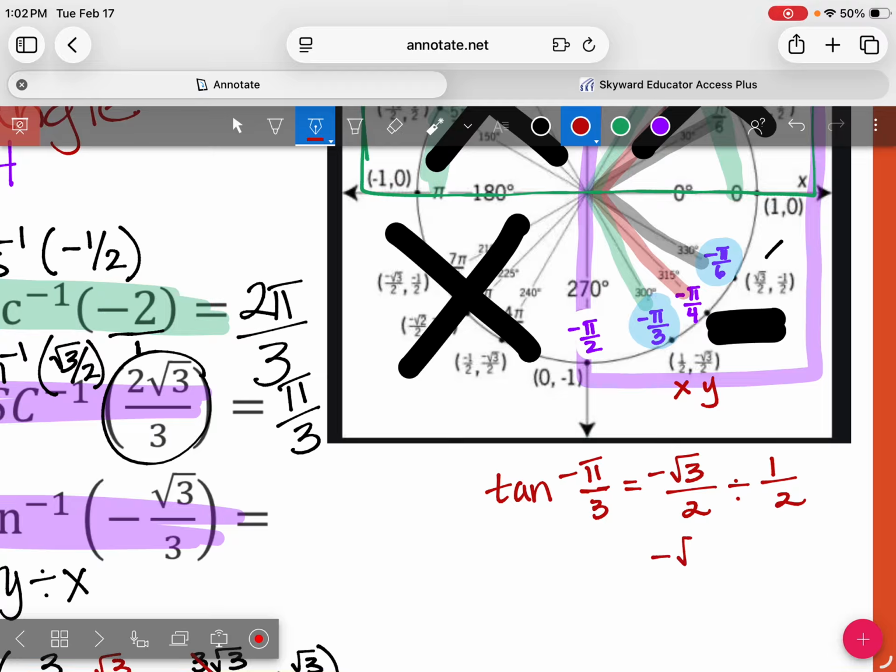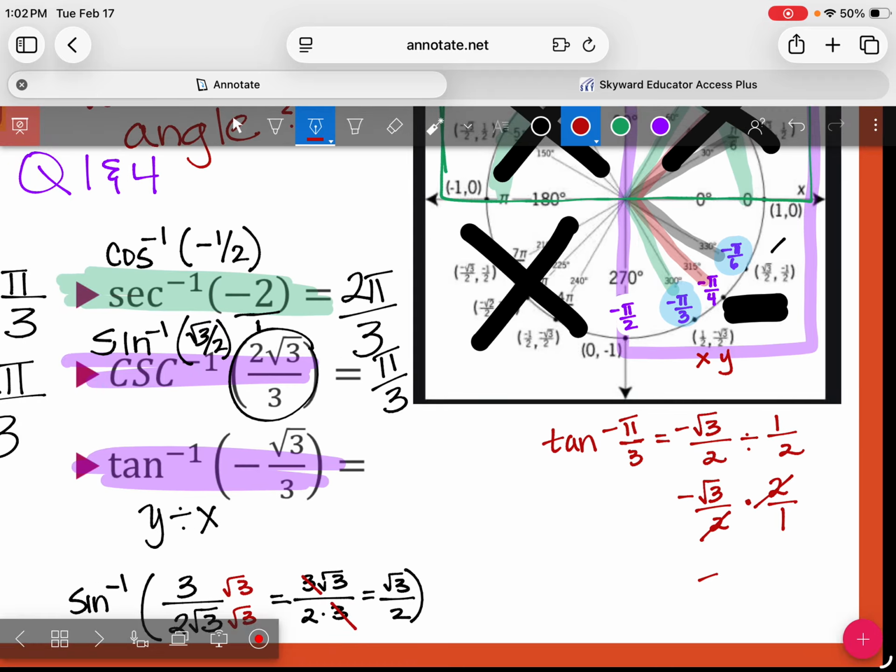So I'm going to keep this, change, and flip. This is going to go away, and I'm left with negative root 3. Negative root 3 is not the same as negative root 3 over 3. So now I can also cross out this as an answer. I'm only down to one possibility. What does it have to be? There's only one left. Negative pi over 6.